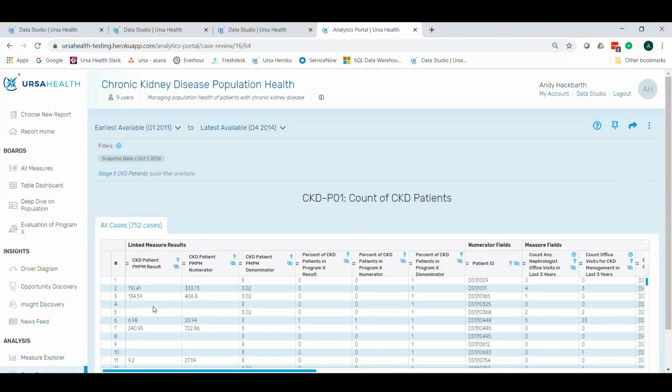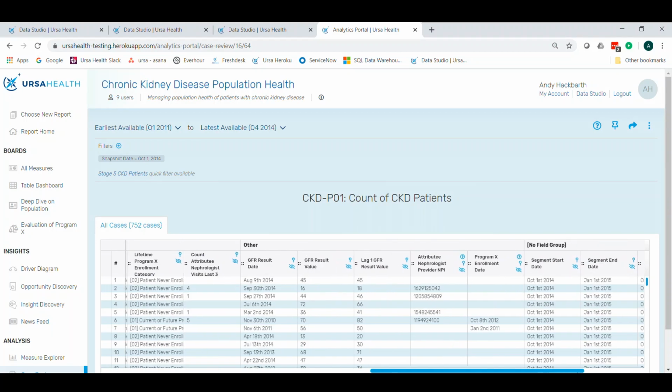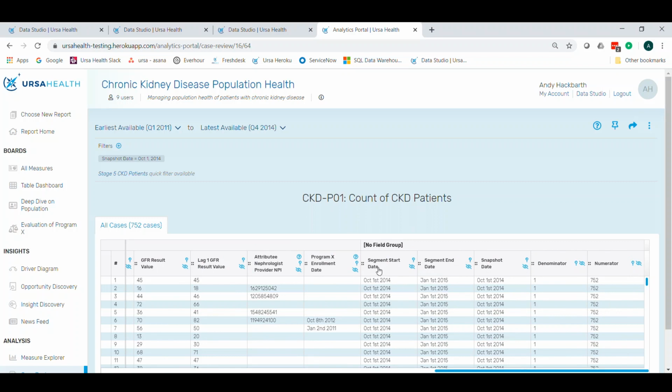If we go into case review, you can see that each row here is a different patient. Each of these patients have a period start and end date, although it's actually not published in this measure, so you don't see it. But potentially they have their own period start and end dates, but they're all being evaluated as of a single date. So you can see automatically IRSA applies a single snapshot date to case review here.